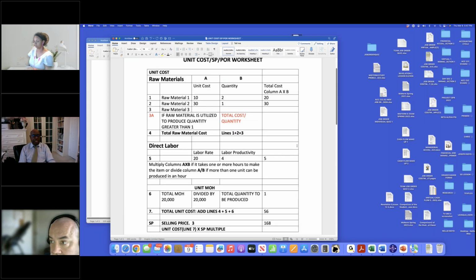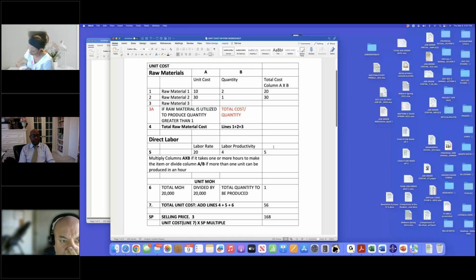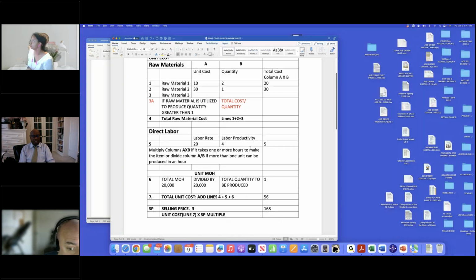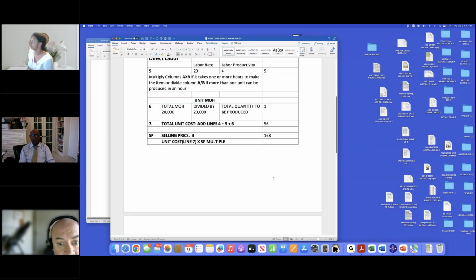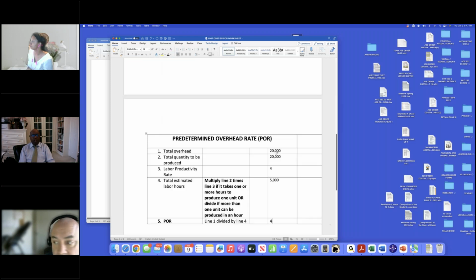So you're just getting practice determining whether you multiply or divide, using your productivity and your selling price multiple to get your selling price. The top two numbers are always overhead and quantity to be produced. Then your productivity and your hours: if it takes more than an hour, you multiply. If you can make more than 1 an hour, you divide.